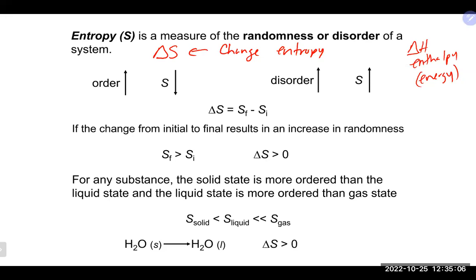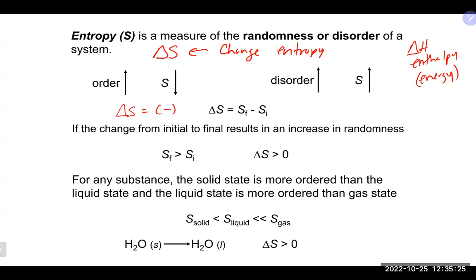Entropy works a little bit differently than how we envision enthalpy working. As we increase the order, the entropy actually decreases. So as things get more ordered and we create more order, less disorder, however you want to think about it, we end up with a more negative change in entropy.